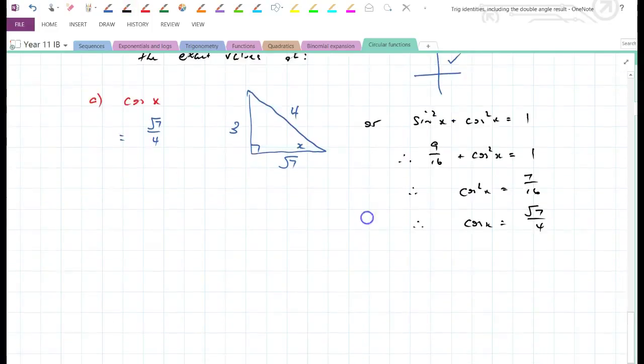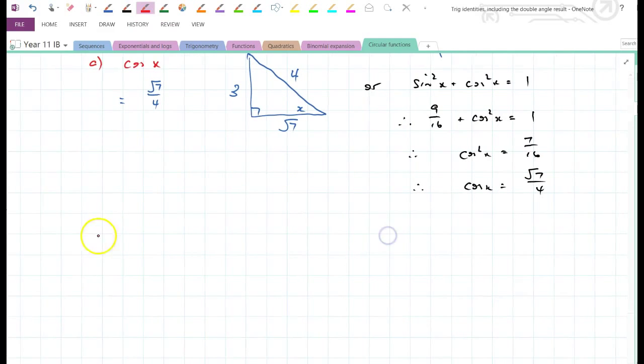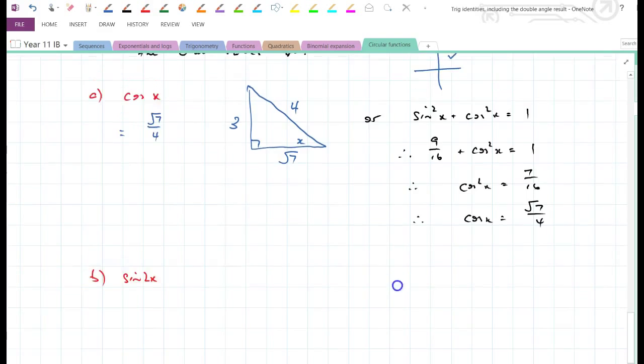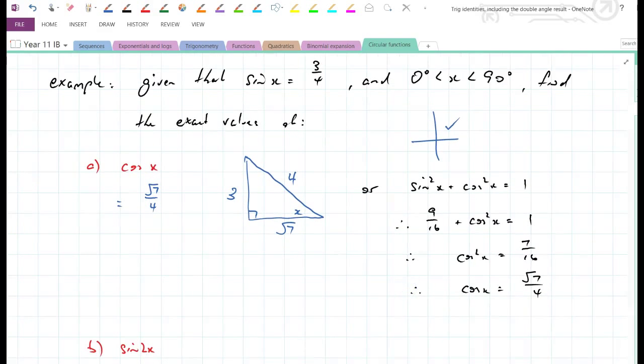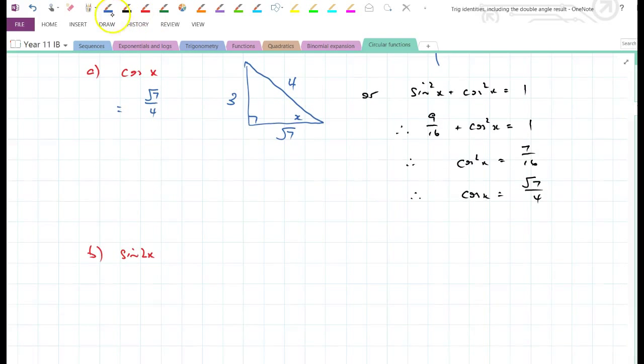Okay, part B, find sine 2x. Now what's sine 2x? Sine x is 3/4. Sine 2x I know to be 2 sine x cos x. Right, so this is how we use the double angle formulae. So I straight away convert it to 2 sine x cos x because I know what sine x and cos x are.